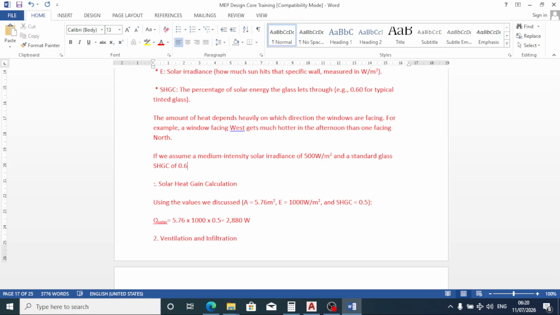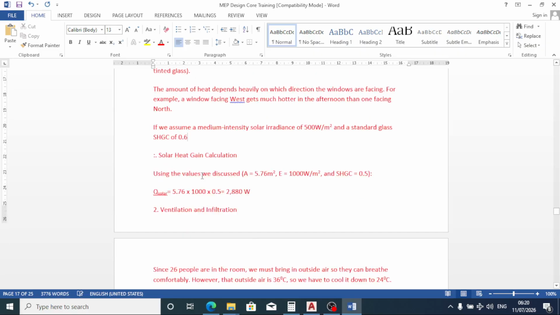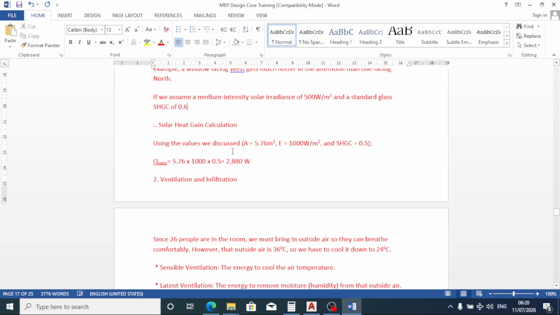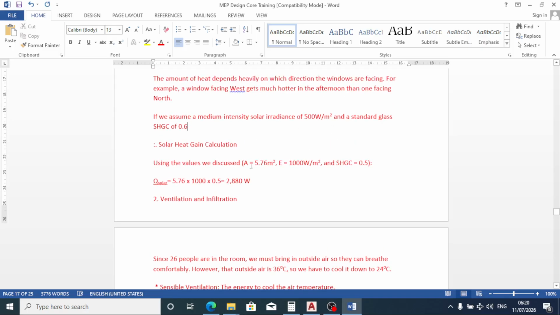So now, using the above formula, this is the area of our window, for the solar irradiance 500, so this is for the glass facing west.